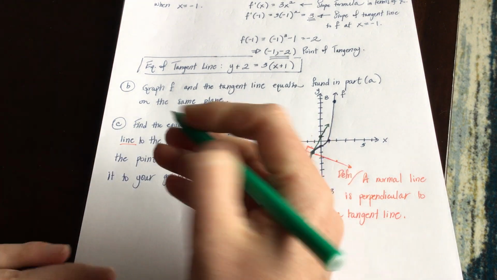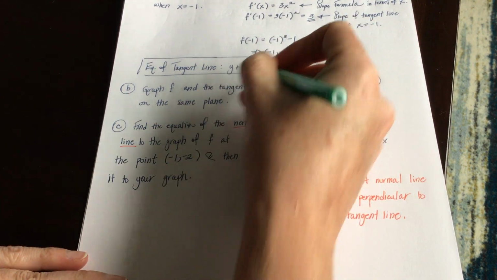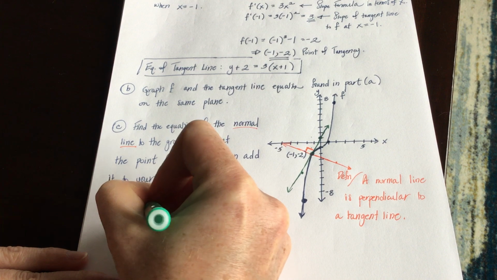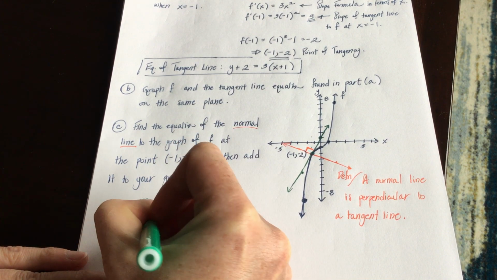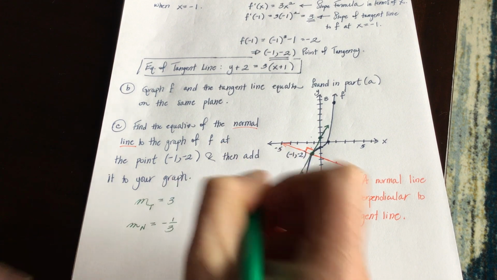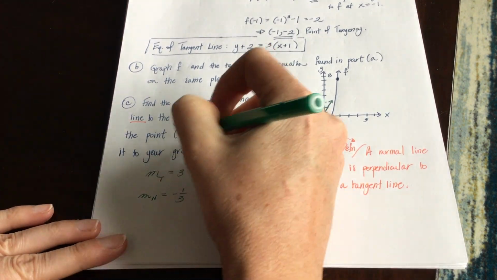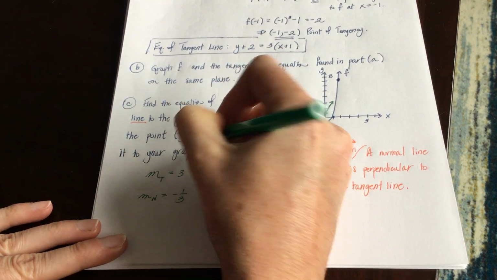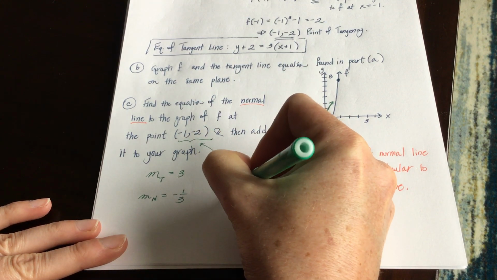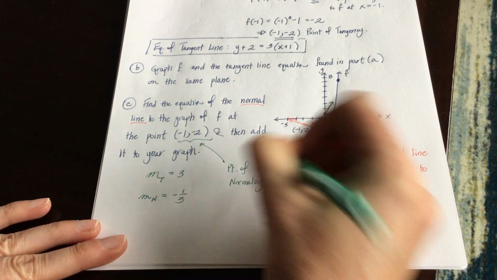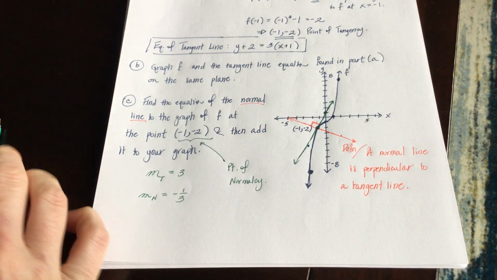So if the slope of the tangent line is 3, then the slope of the normal line would be -1/3. If you want to be fancy, you could call this your point of normalcy instead of your point of tangency.